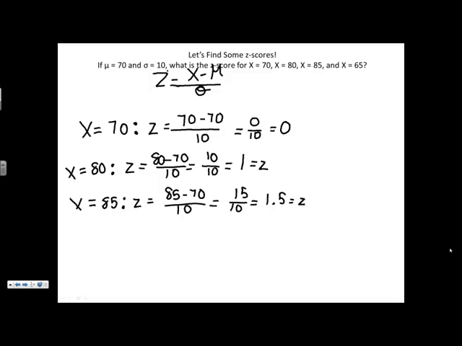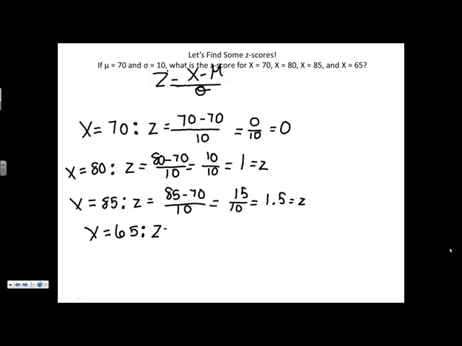So it's getting a little more extreme, a little outside of the standard or typical distance of scores from the mean. And it's a positive z-score because 85 is larger than 70. So if you look at this, you can say, okay, 85 is 15 points above the mean of 70. Well, how many tens is that? Or in other words, how many standard deviations is that? It's 1.5. The last one, x equals 65.